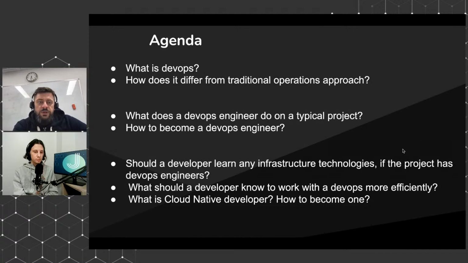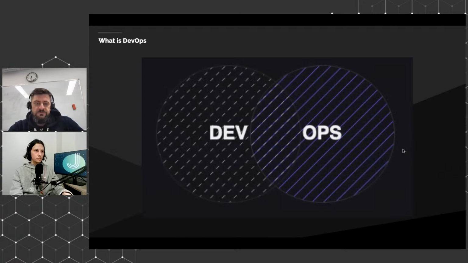I believe we can start with the first, very simple area, just to cover it if somebody doesn't know what DevOps is. I tried to provide a very simple chart. What is DevOps? On a typical project, we have several roles. One of the main roles is developer.